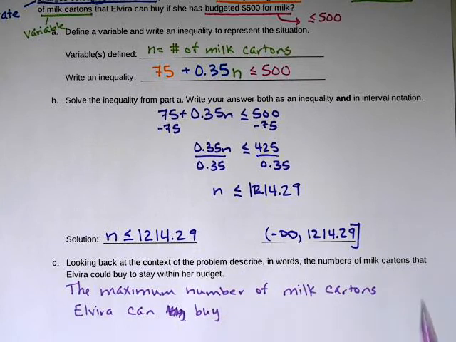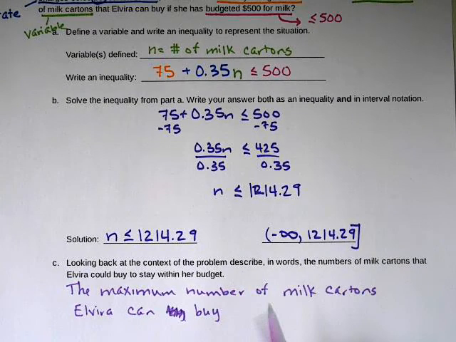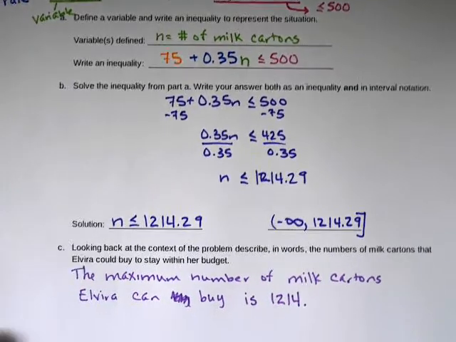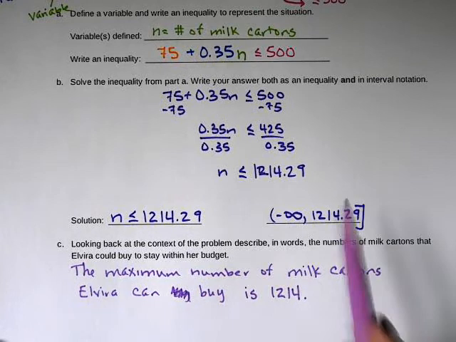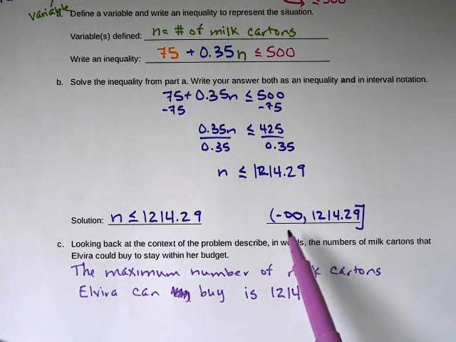The maximum number of milk cartons Elvira can buy is 1,214. Now, we do have to talk about the fact that it really can't go to negative infinity either.